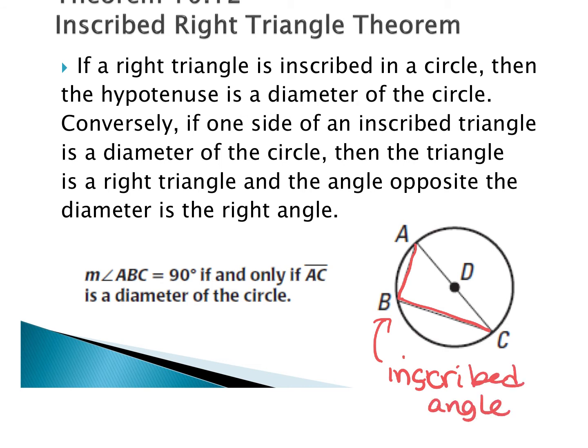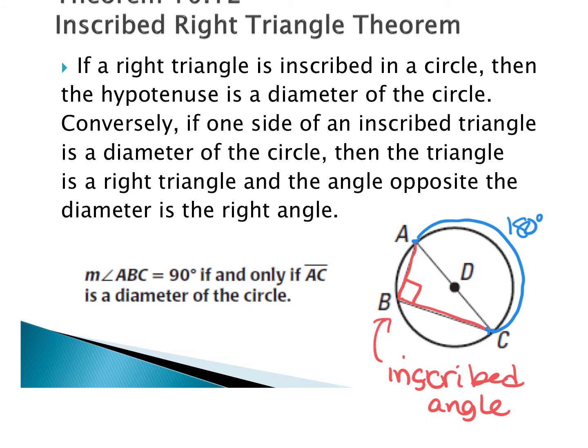And if you look at it, notice where it hits the circle. The endpoints are at the end of a diameter, making this over here a semicircle. And remember, an inscribed angle will be half of the measure of its arc. So since this is a semicircle arc, it's 180, making this angle half of it, making it 90.